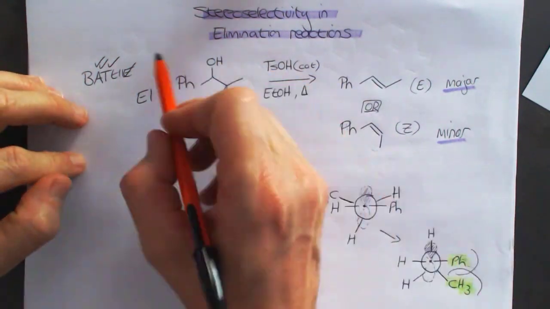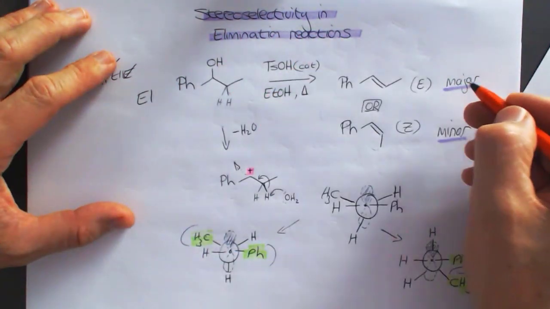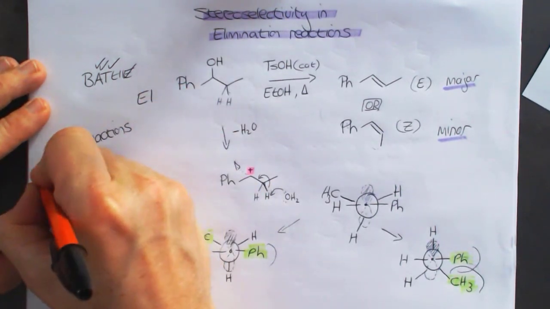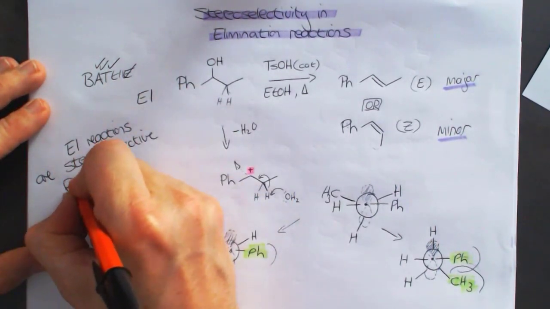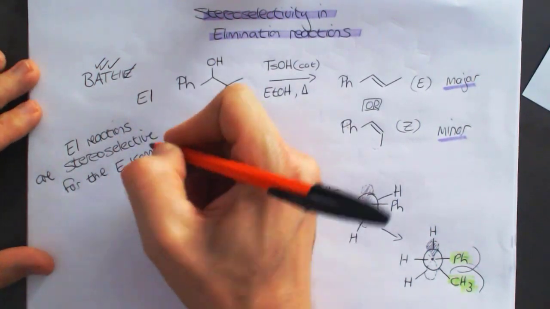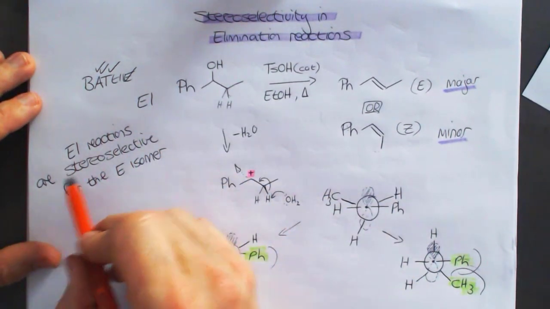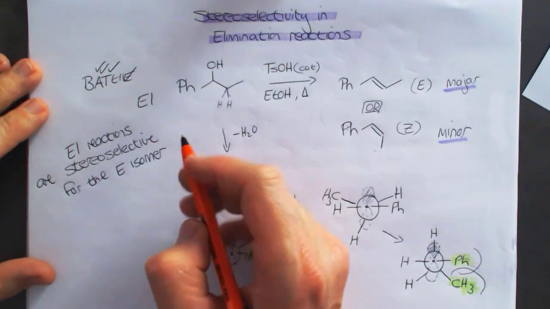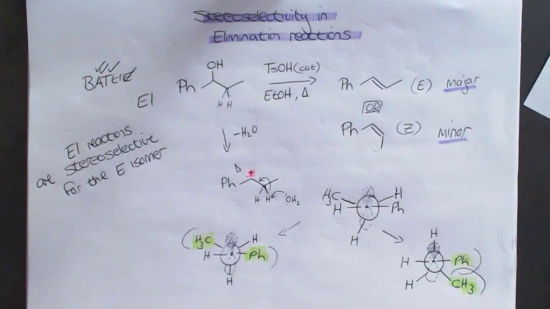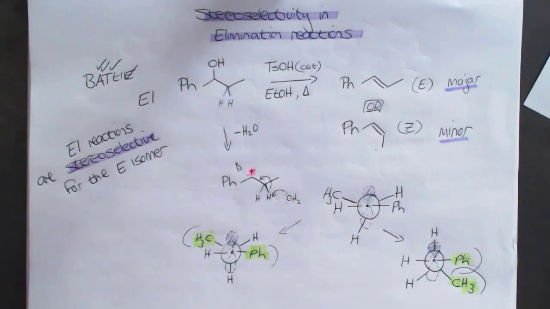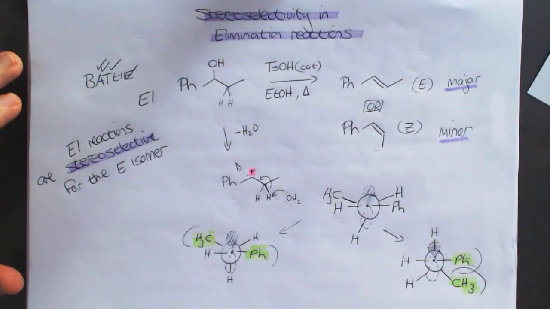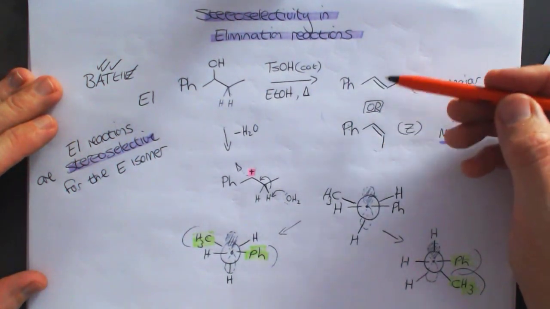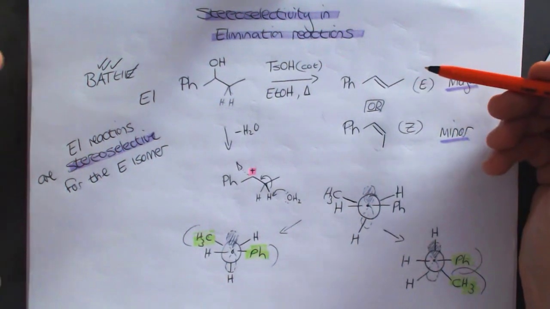So elimination reactions tend to be stereoselective for the E double bond. E1 reactions are stereoselective for the E isomer. Now, this term stereoselective is quite an important one for us to consider. Stereoselective means that when presented with two stereochemical outcomes, one of them is preferred.